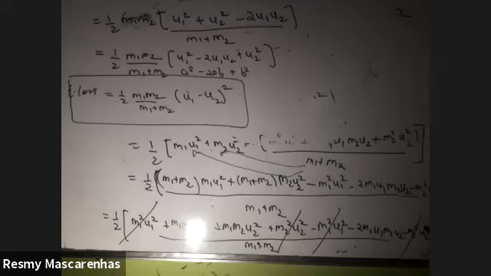So for perfectly inelastic, if you are asked to derive what is the energy loss, this is how you have to derive. And that will be your final answer of m1 m2 upon m1 plus m2 into u1 minus u2 the whole square.